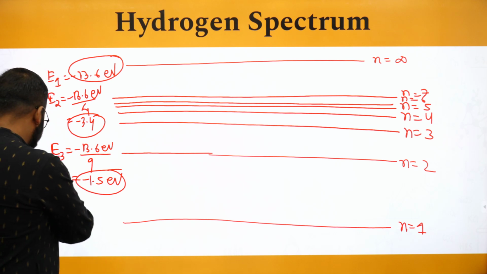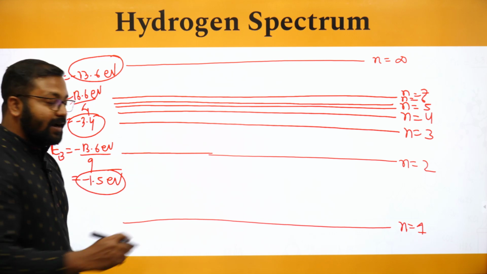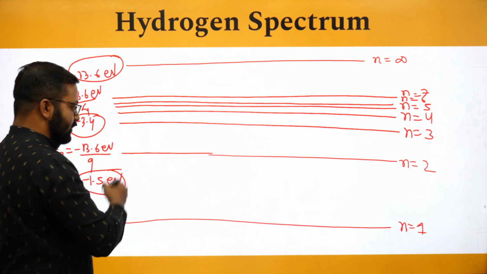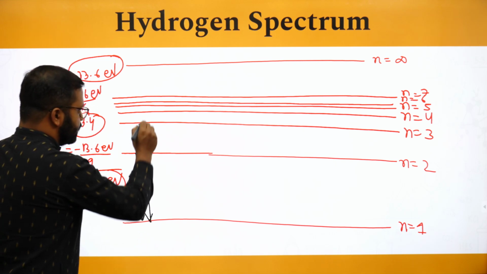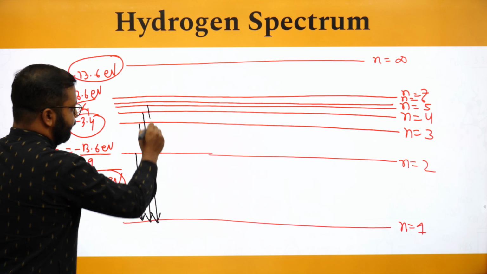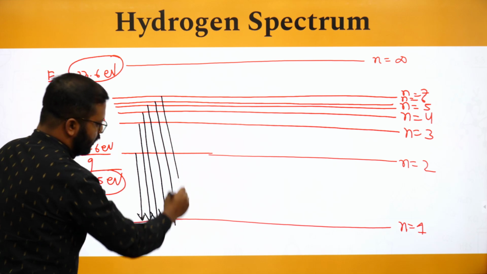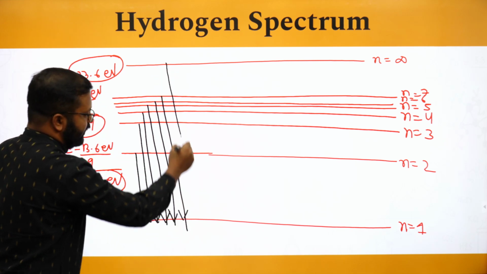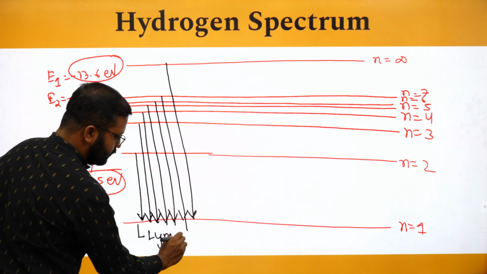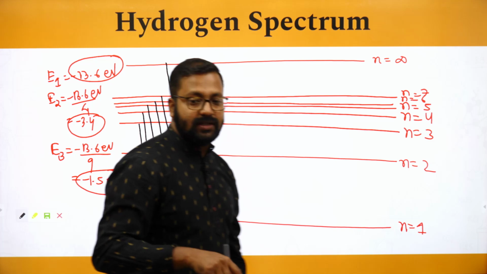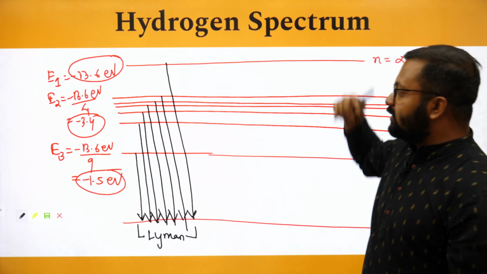So let's look at what the transitions would look like. If all transitions take place to the first energy level, that will create a series which will be the Lyman series. All transitions to the first energy level, not the other way around.